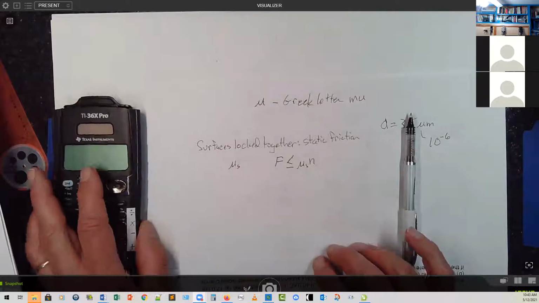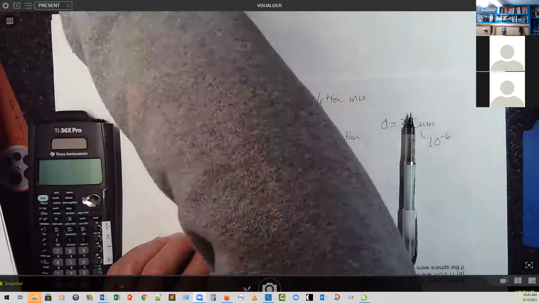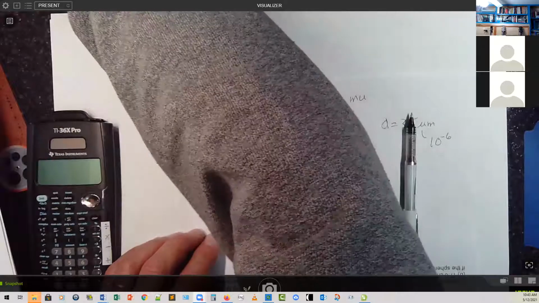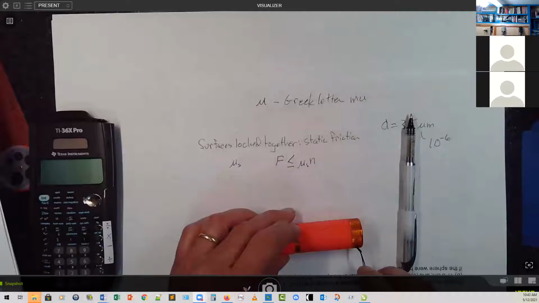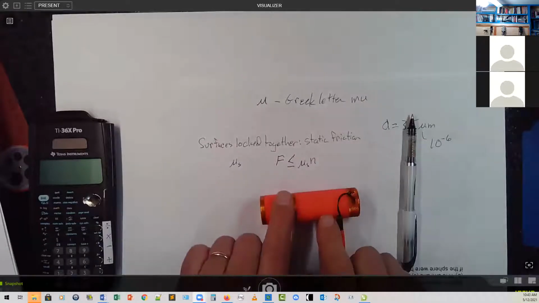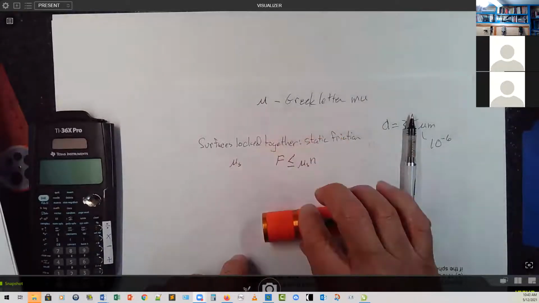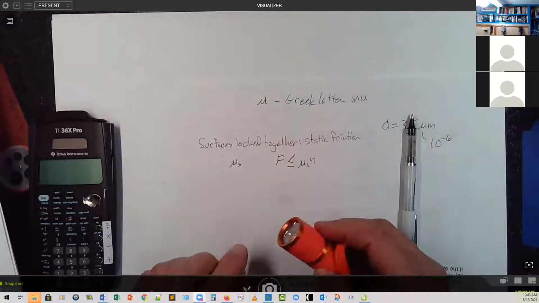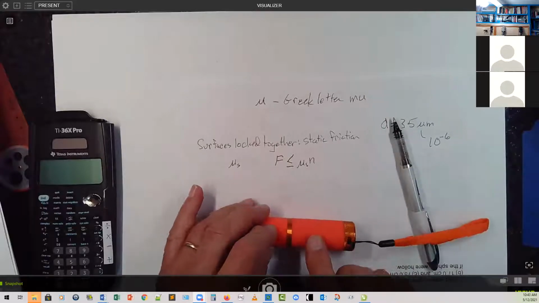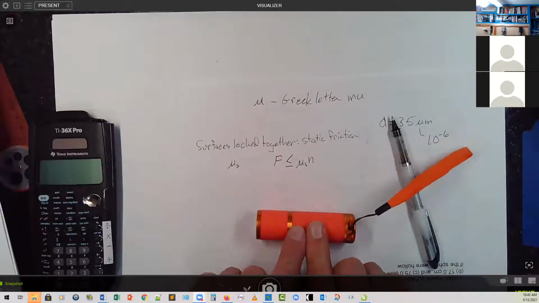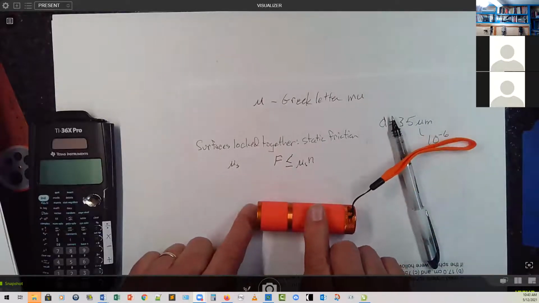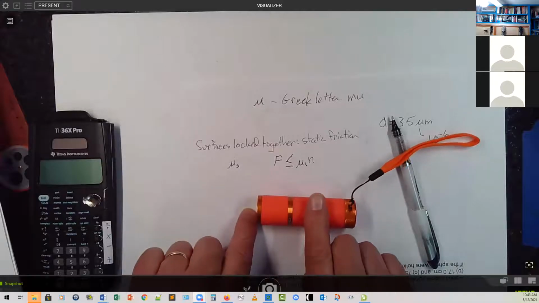There is something kind of unusual that shows up with static friction. It turns out when you have a rolling object, the point of the rolling object that's contacting the surface is instantaneously at rest with respect to that surface.